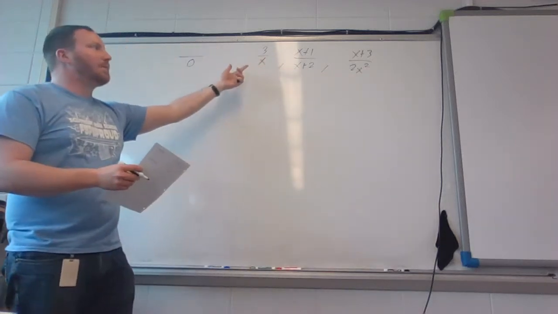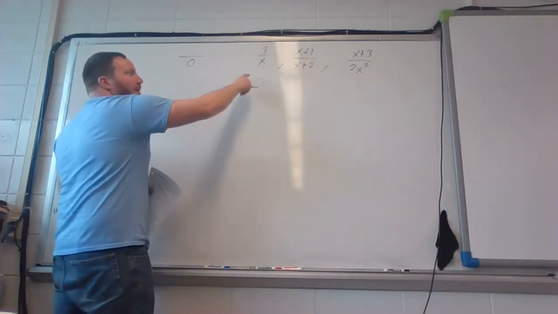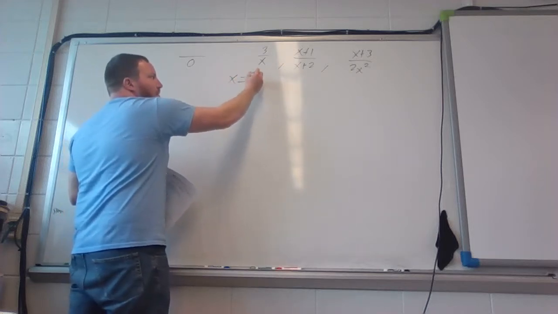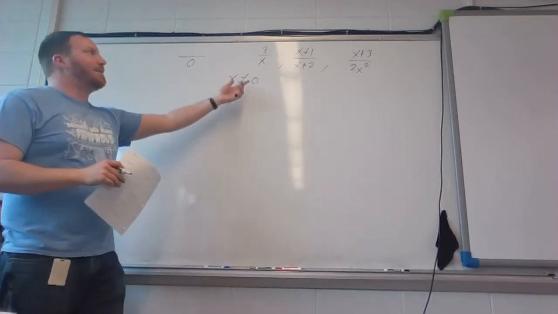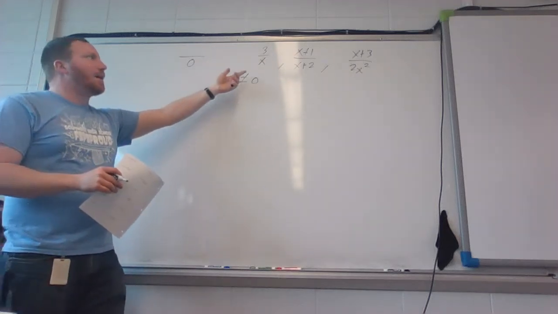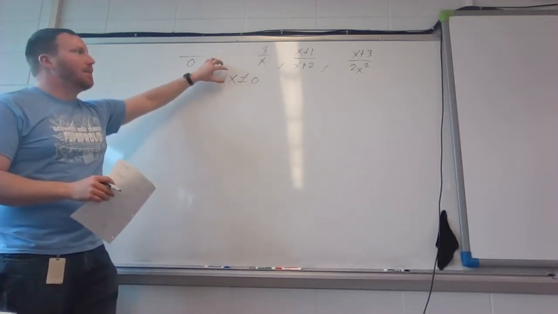So we've got excluded values. If I'm looking at this first rational expression, every number works other than 0, right? x cannot equal 0. If it does, then we're dividing by 0, and that's just not possible. So we have a hole in the graph at that value.